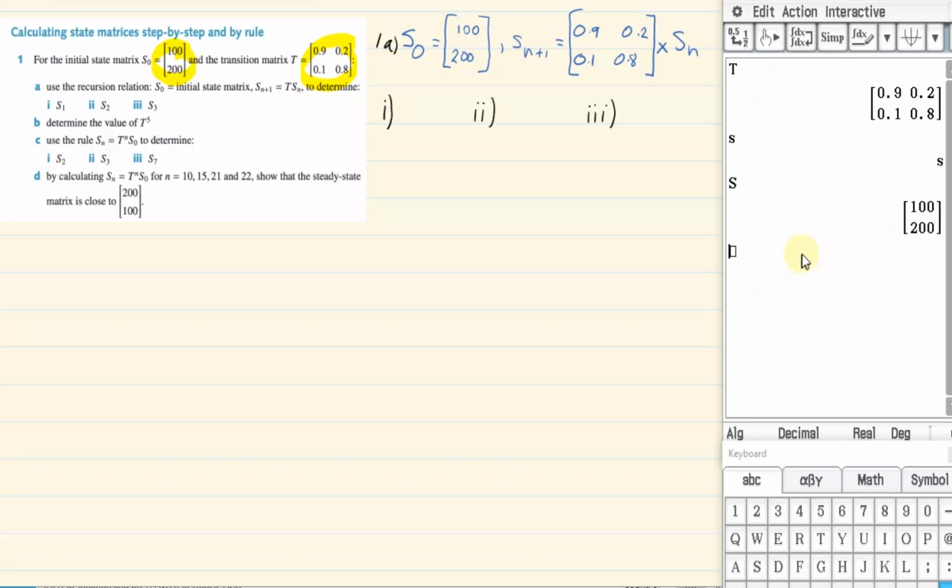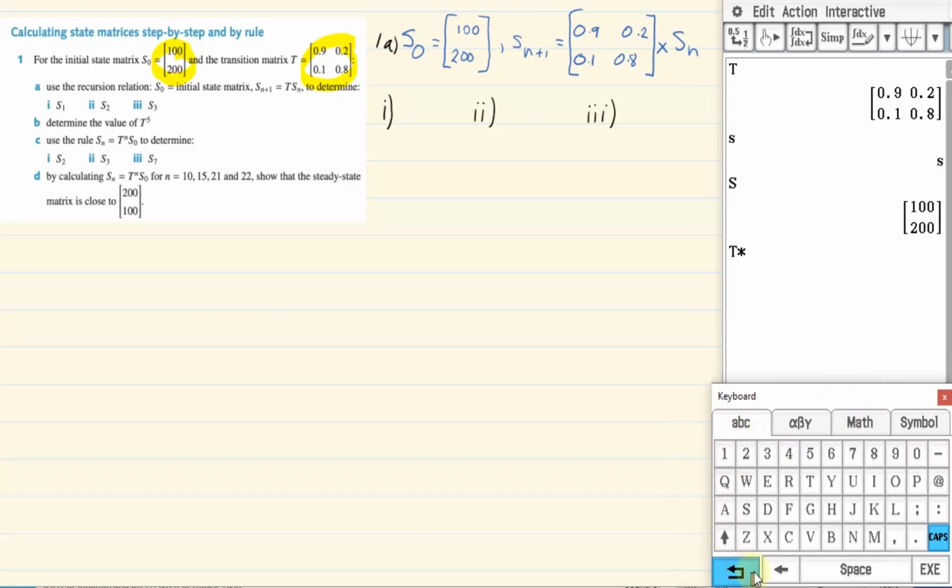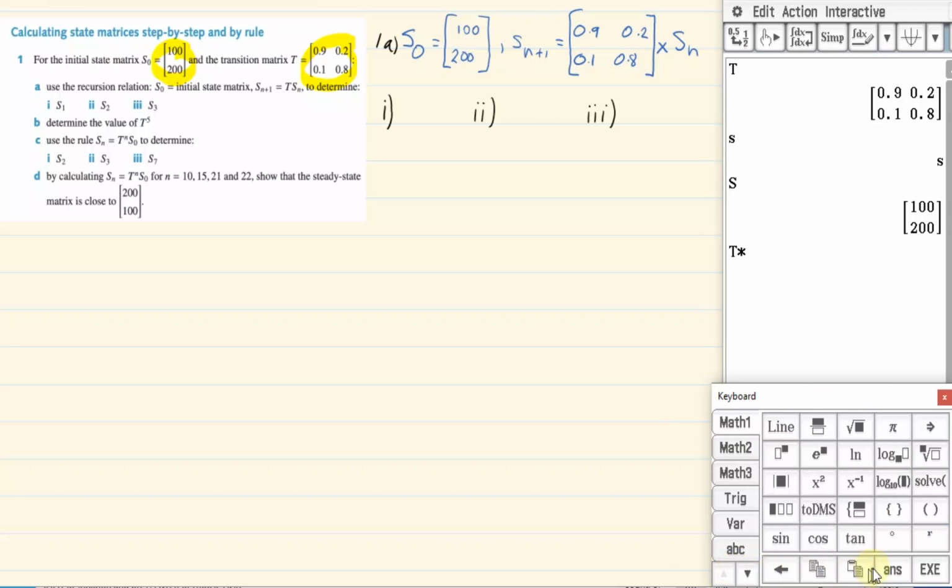I want it to remember the S, and then I simply put in T times the previous answer, and that gives me the next one.